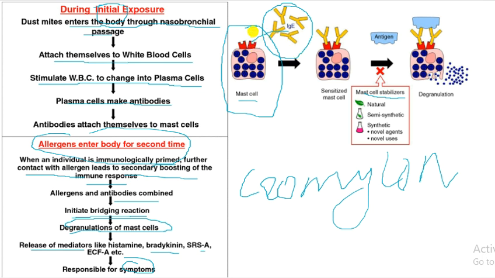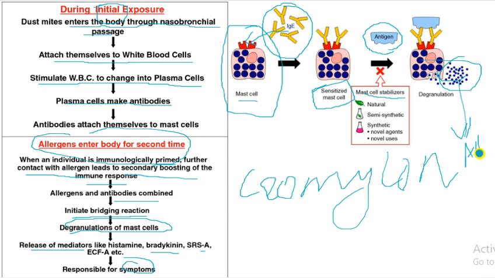This IgE is going to bind with these IgE receptors. So this is known as sensitizing the mast cell. This sensitized mast cell, or the IgE, is going to bind with antigen. So the degranulation process will happen, releasing histamine. This is going to produce allergy.